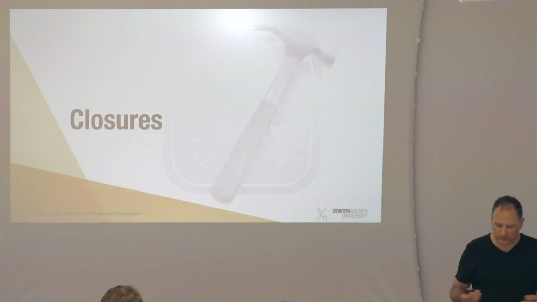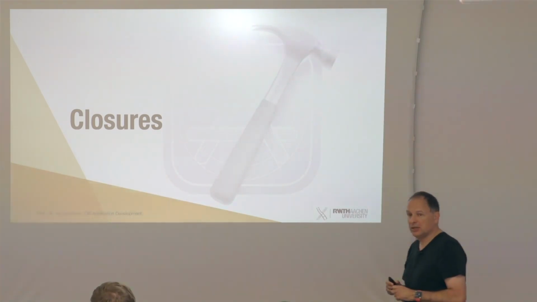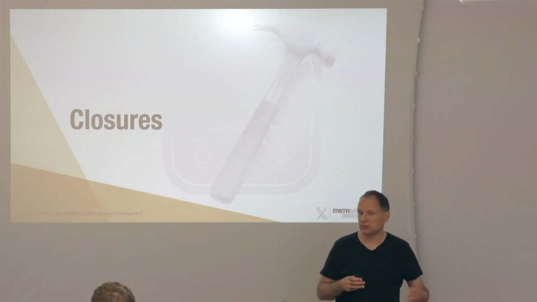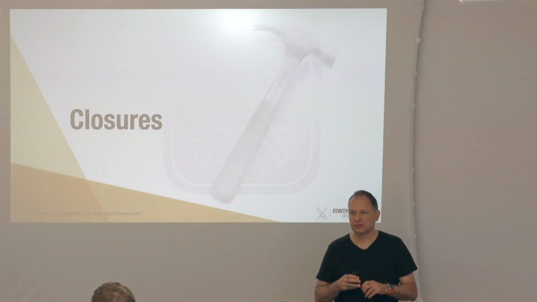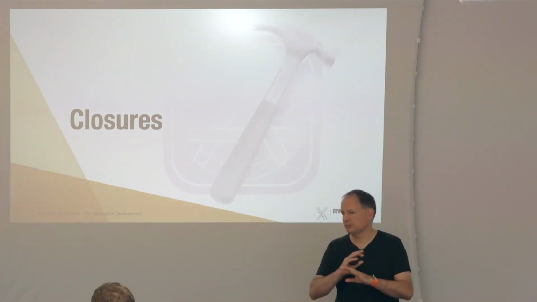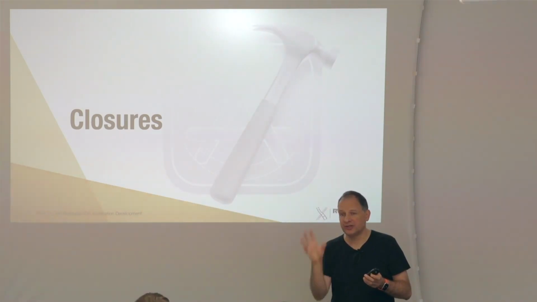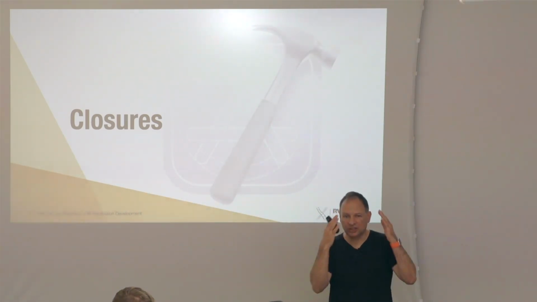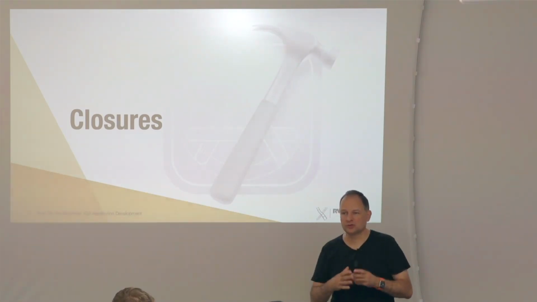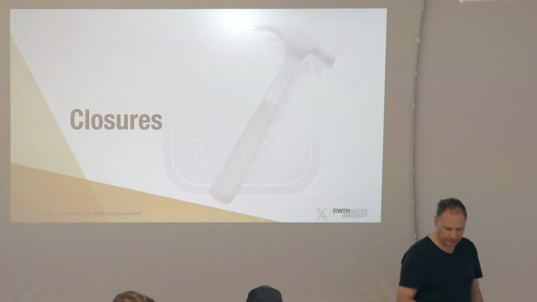So we'll use this a lot. And in fact, SwiftUI, which we'll get to towards the end of this class, uses closures all the time, everywhere. Your whole code, building your entire user interface, your hierarchy of widgets in SwiftUI, is actually just a whole bunch of closures nested inside each other.